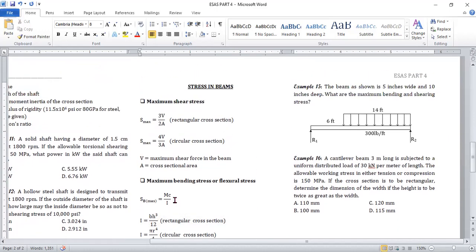stress. So the bending stress is given by this formula MC over I. So first we need to draw the shear and moment diagram.